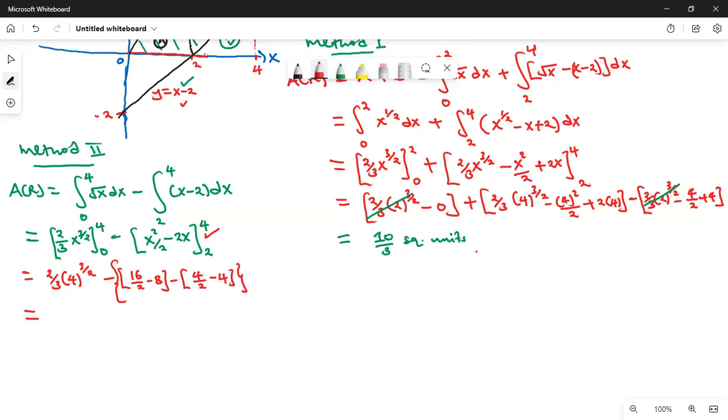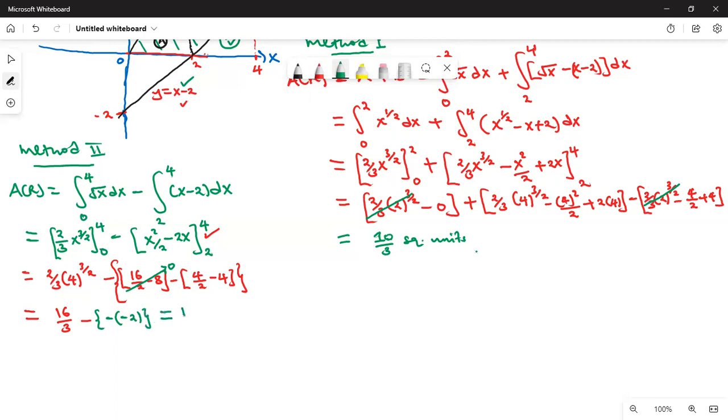And so this is equal to, now what is root 4? That is 2. 2 cubed is 8. 8 times 2 is 16. So that is 16 over 3 minus, this is 8 minus 8 is 0. This one is 0. So we now talk of another minus. This is 2 minus 4, which is negative 2. That's what we have.